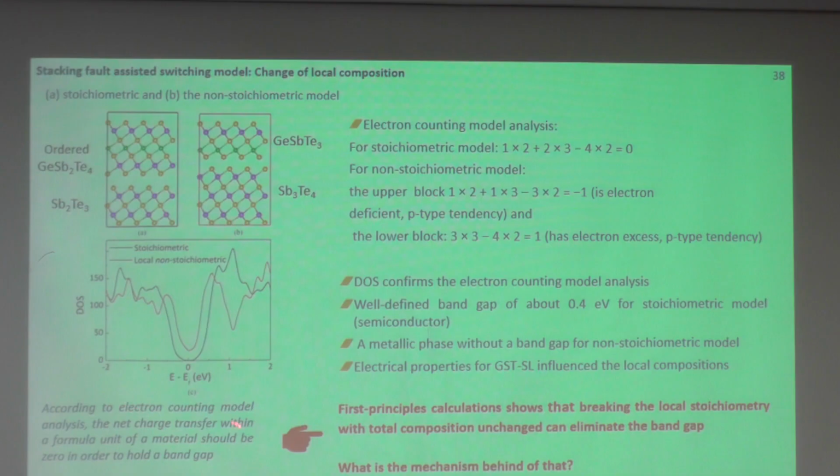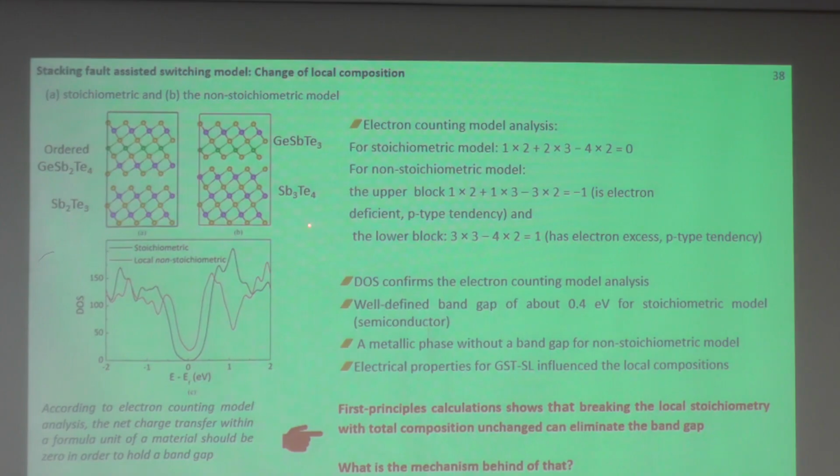According to this electron counting model analysis, the net charge transfer within the formula unit of the material should be 0 in order to hold a band gap. For the stoichiometric model, this is actually 0. But for the non-stoichiometric model, for the upper block, this is -1.